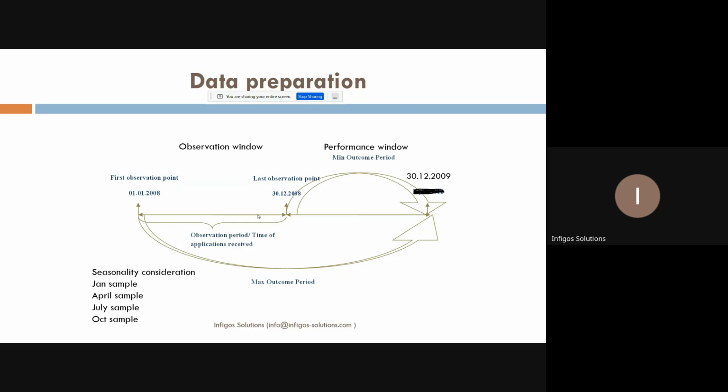Normally they are called trend variables and they are used for the behavioral scorecard. For the application scorecard, you will normally have cross-sectional data, which means if you take the bureau data, you will convert that into cross-sectional data, which means one row per customer.